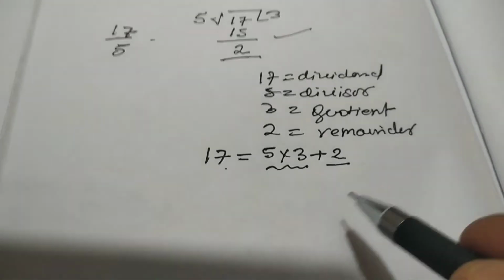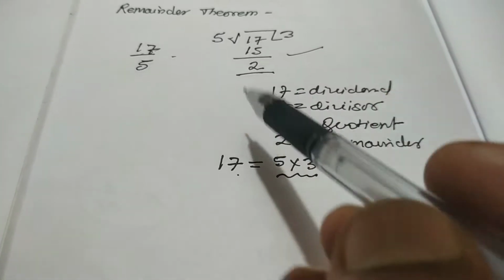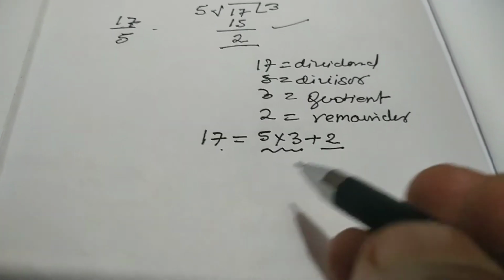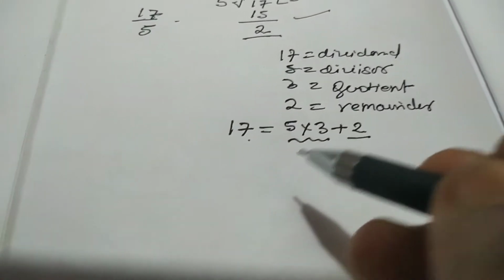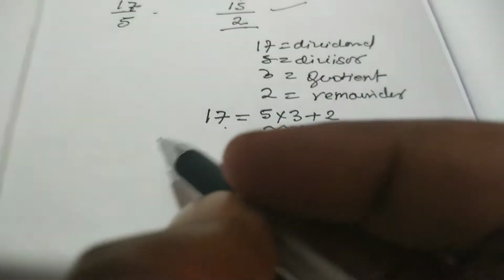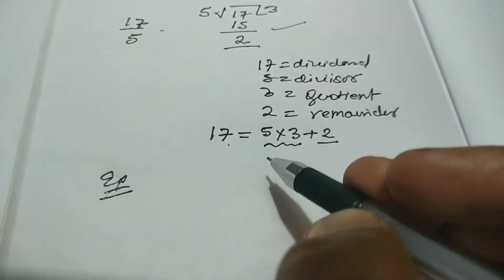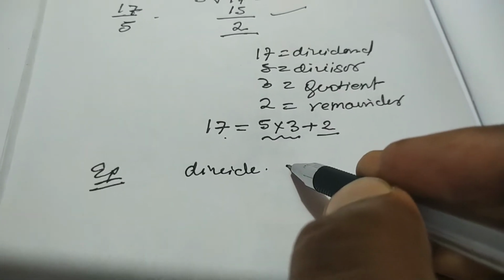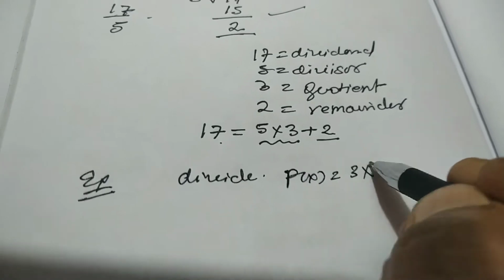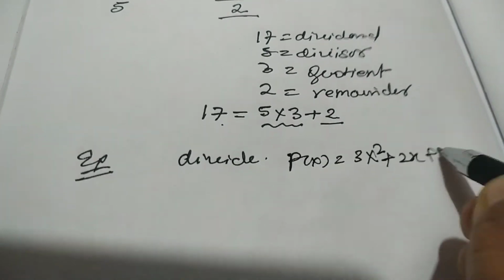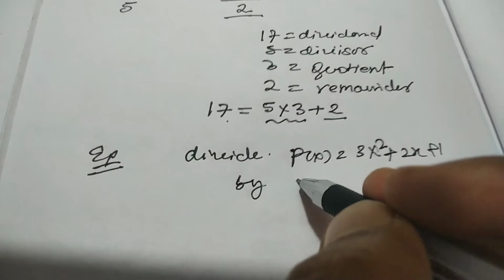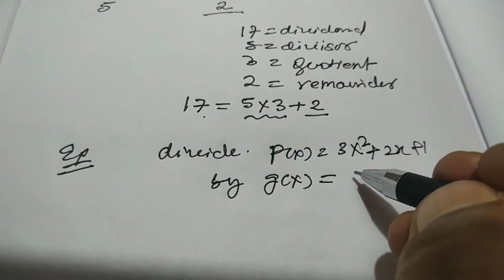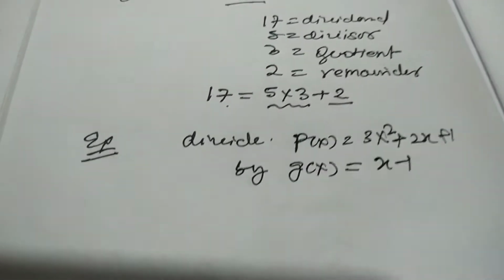Now like that, one number is divided by another number. If the variables are divided, that means one polynomial is divided by another polynomial, so how do we divide? Here is an example. Let p(x) equal 3x square plus 2x plus 1 be divided by another polynomial, x minus 1.